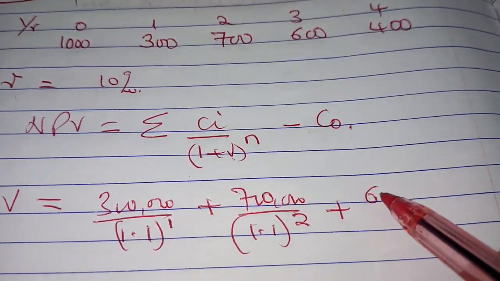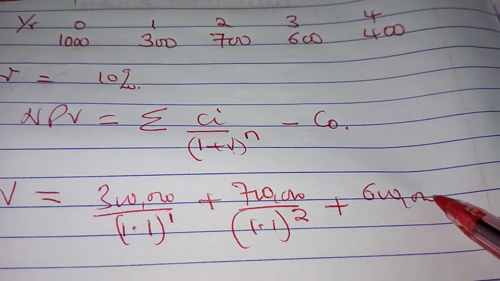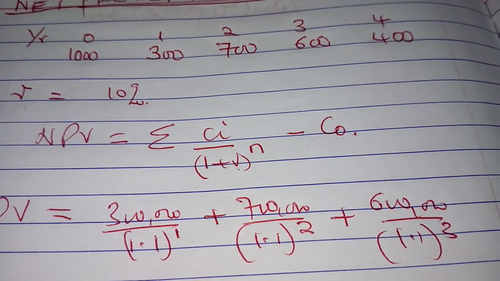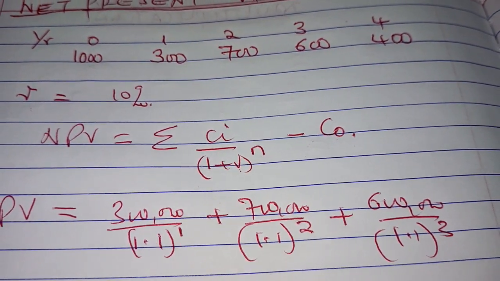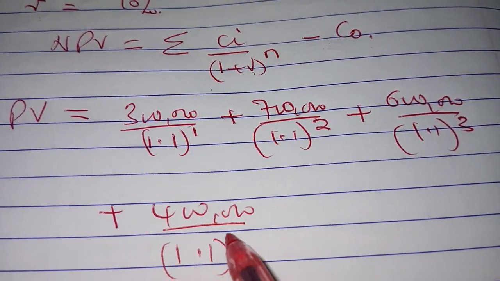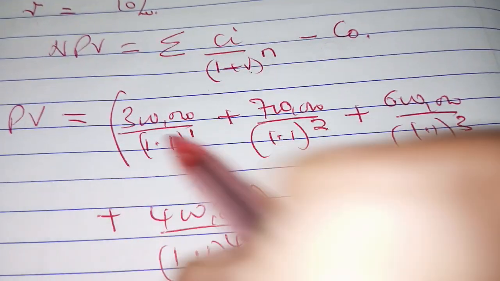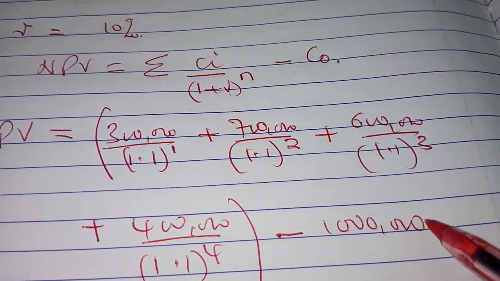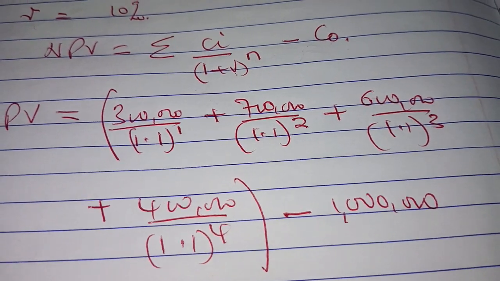And then we add 600,000 divided by 1.1 raised to power 3, and again we add 400,000 divided by 1.1 raised to power 4, and then we shall sum all that, then we subtract the 1 million that we have invested in this business.